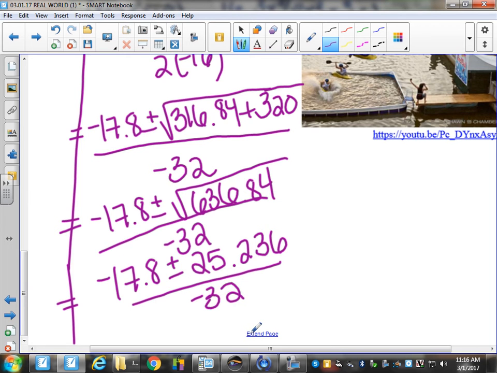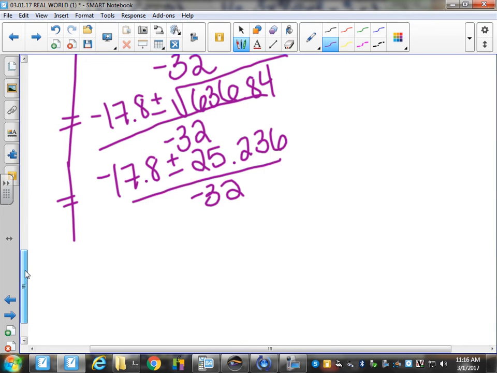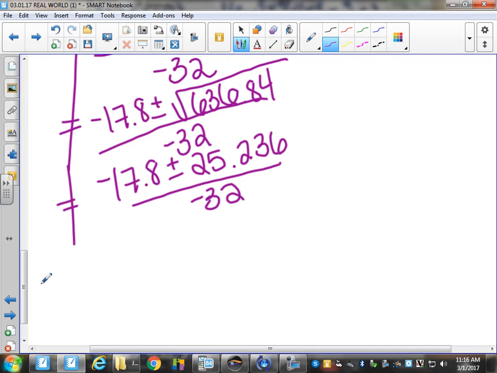What is my next step? When I get to this point, what do I do next? You're going to first add 25.236, and then what are you also going to do? Subtract it.